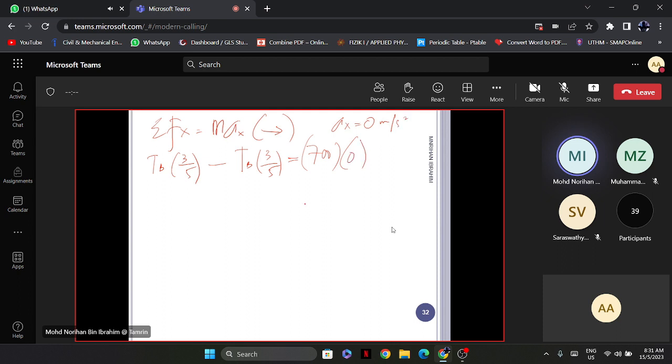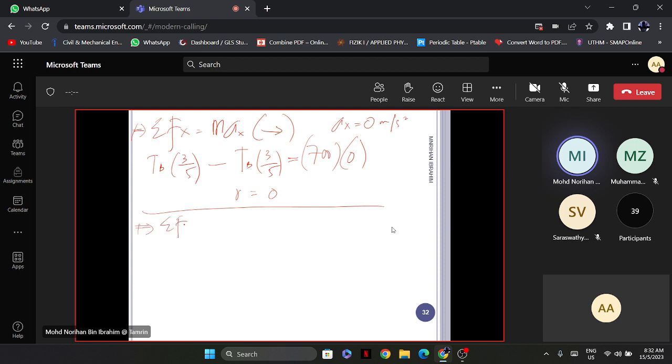So we can put it as 0. And therefore, TB 3/5 minus TB 3/5 is equal to 0. So these are the forces in the x direction, which equal 0, and no forces in this direction. And then go to the next step, considering the y directions.